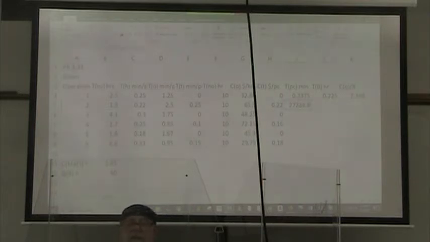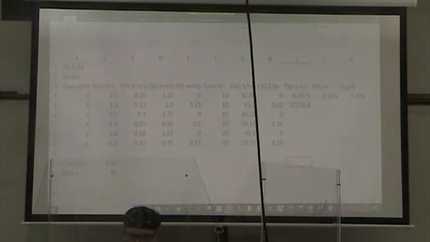Oh wait, no, it's supposed to be time per piece. Where am I going wrong here? Oh, okay. But wait a minute, divided by 60. All right, let's do it this way.